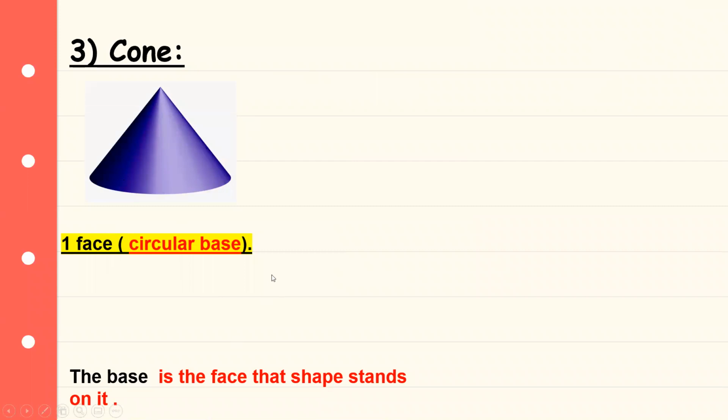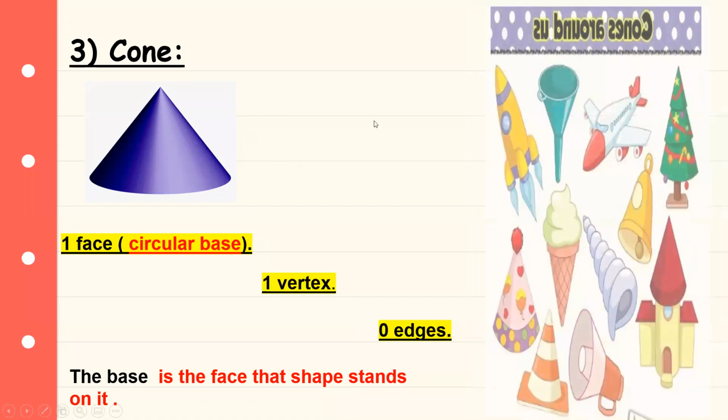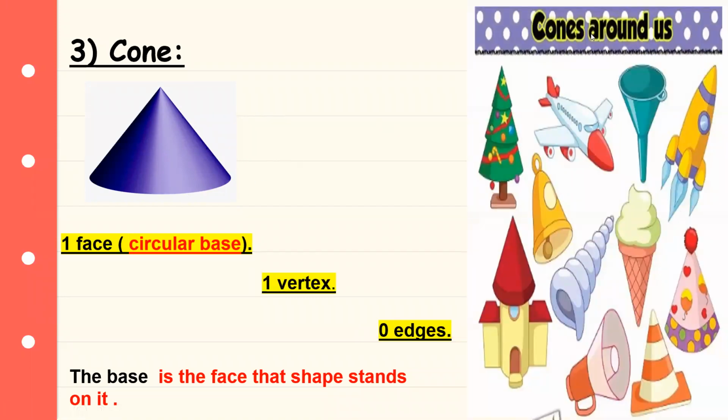The base is the face that the shape stands on. It has just one vertex and 0 edges, because the edge is the line where faces meet, and here we don't have faces meeting. We have some cones around us, like the party hat and the ice cream cone.